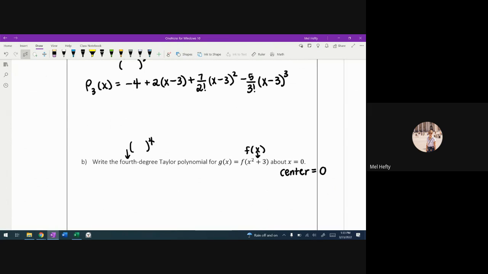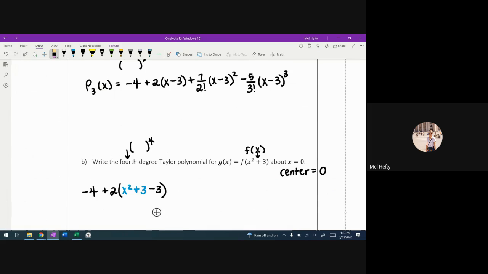So let's start with -4. Are there any x's to plug into with -4? No, so it's just going to stay the same. The next one, instead of x, I'm going to write x squared plus 3. I'll keep the -3, close parentheses.